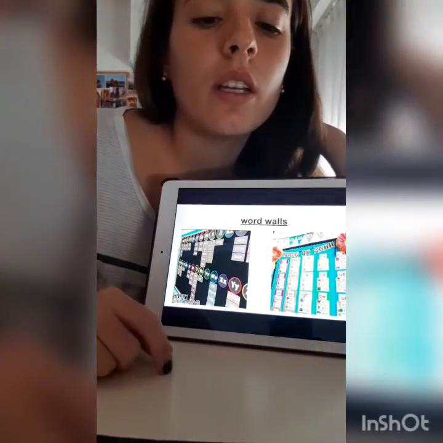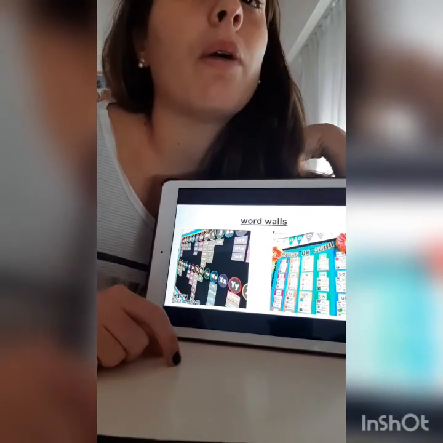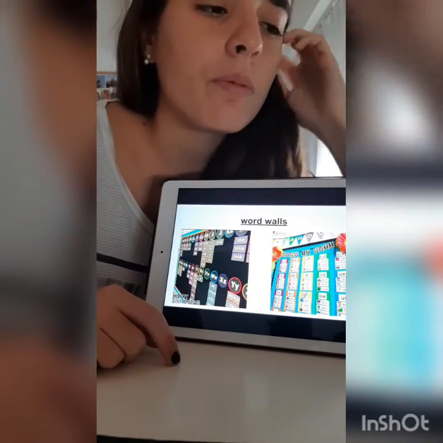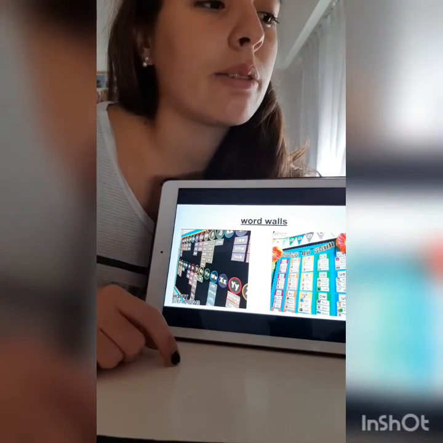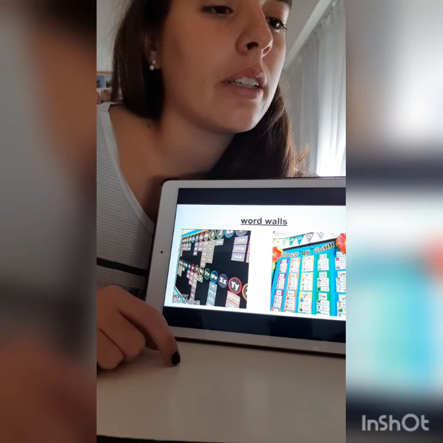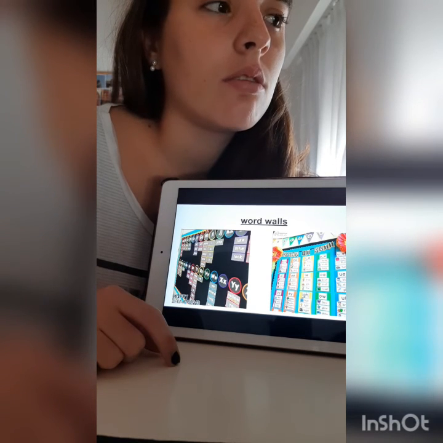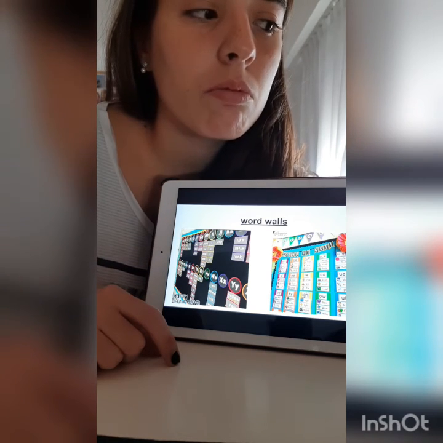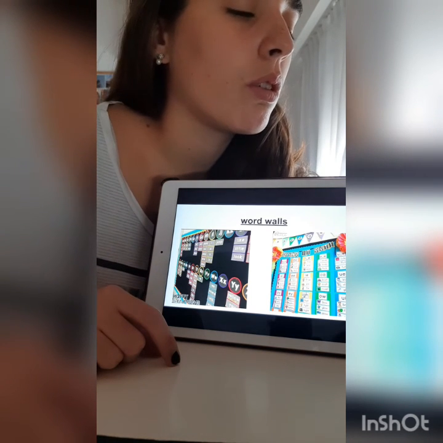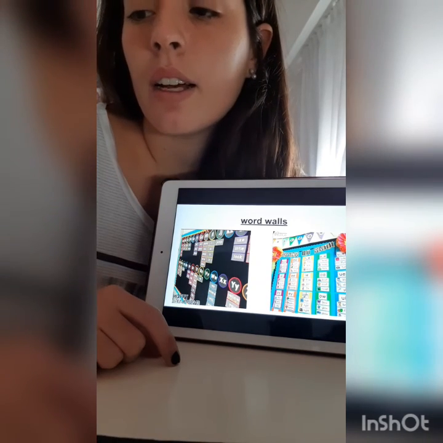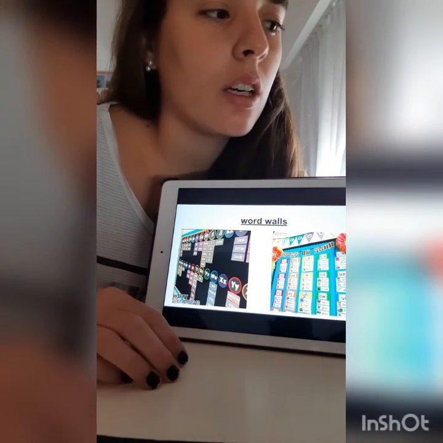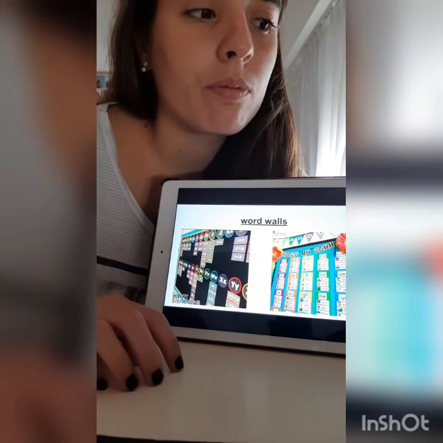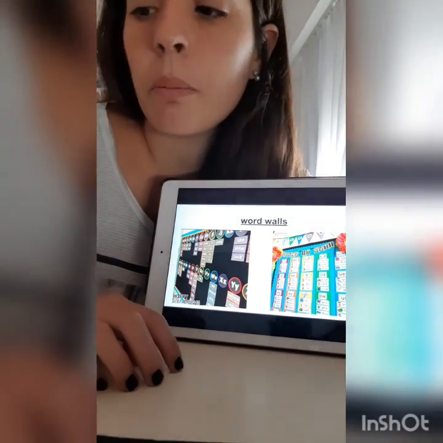Then we have group writing. This one is more for primary school because they can write a story, or they can talk about a story or something else, and in a group they are going to put the ideas onto a paper.